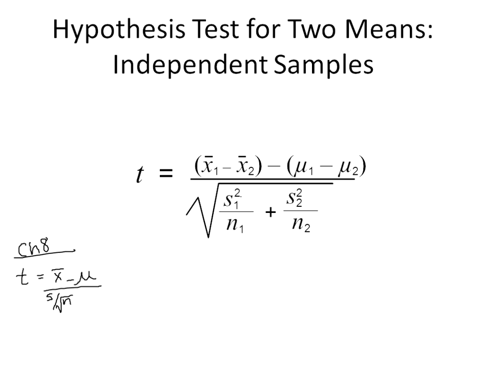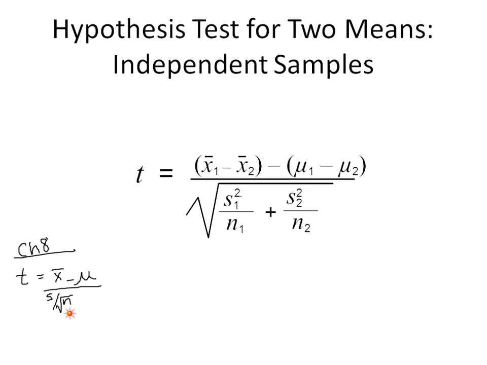So it kind of follows the same pattern. So here, this comes from our sample. So there's the difference in our sample means minus the difference in our population means. So sample minus population. And then here we're taking the square root of our standard deviation squared over each of the two different sample sizes. Okay, so your denominator has to do with your standard deviation and your sample size.